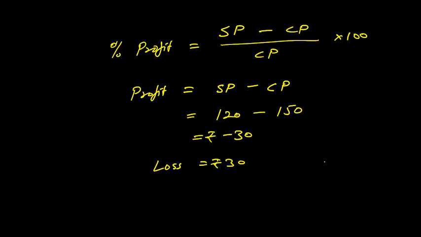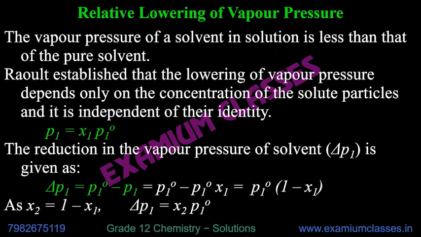So loss is initial value minus final value. Initial is cost price, final is selling price. Here also we apply the same logic because we are saying lowering.